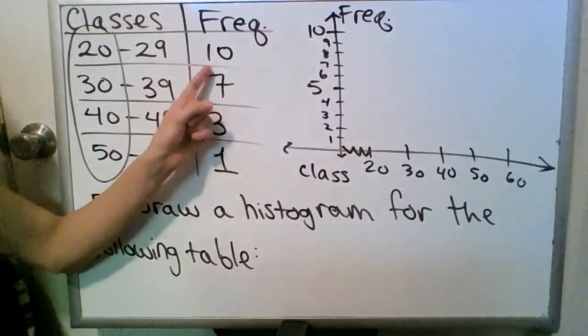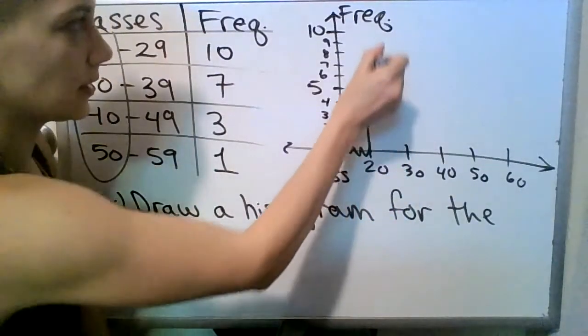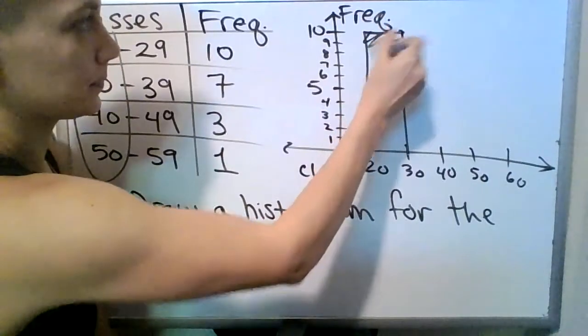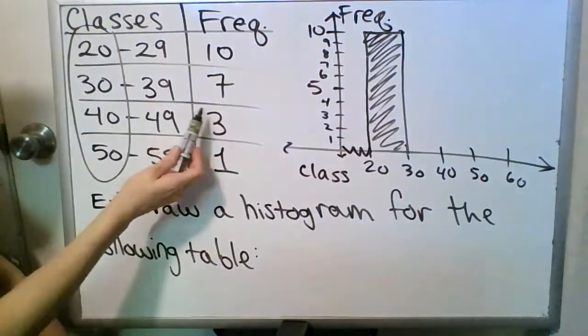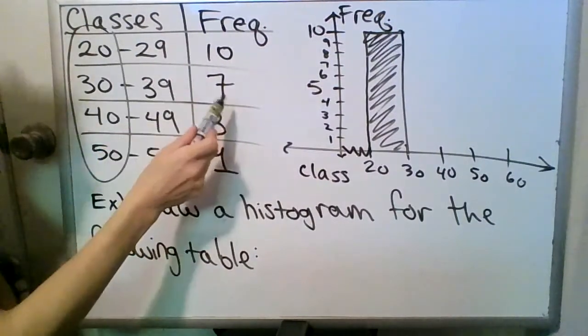All right, first one all the way up to 10, between 20 and 30. That's your first bar. Then 30 up to, but not including 40, we have height 7.